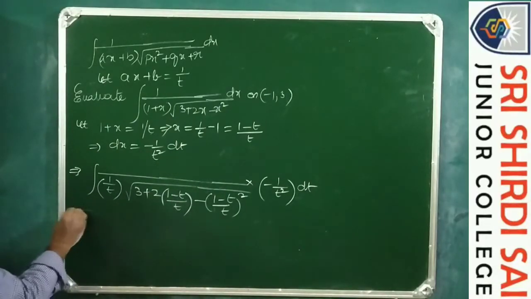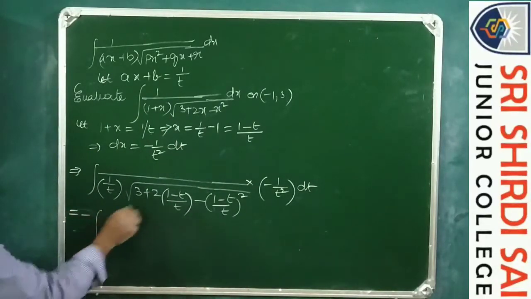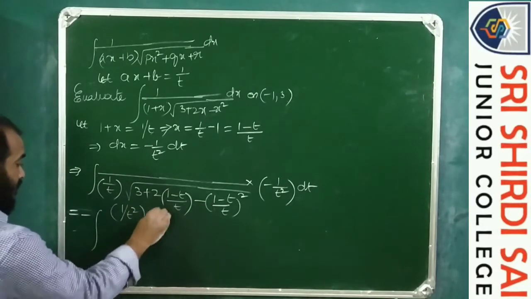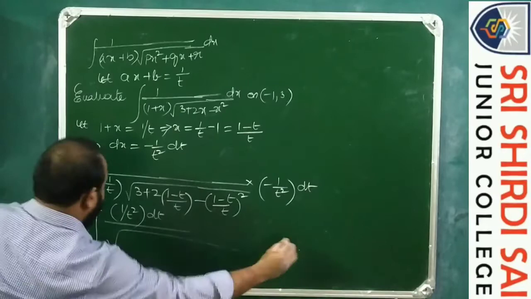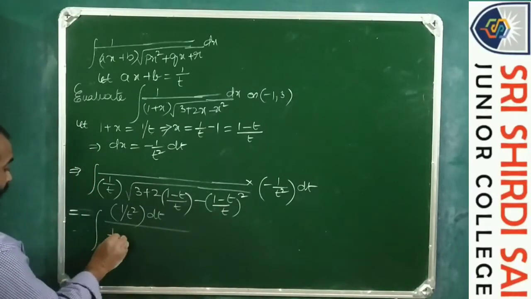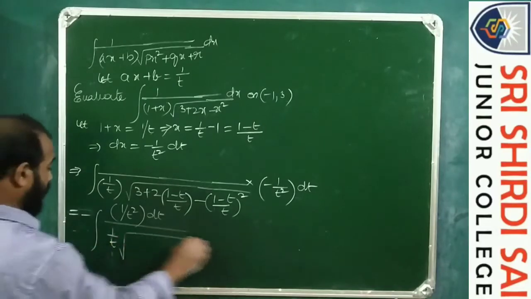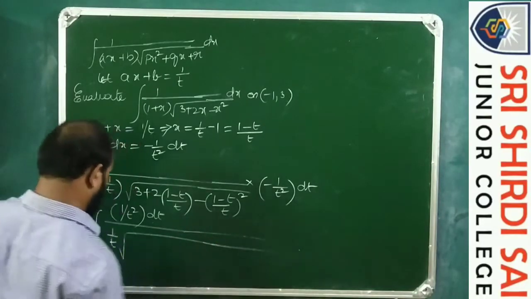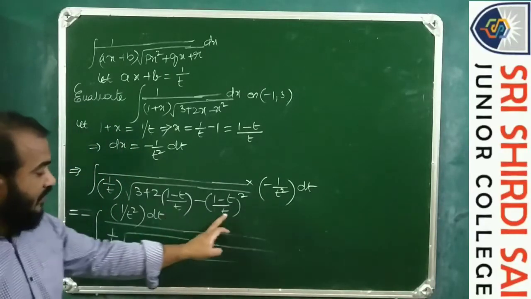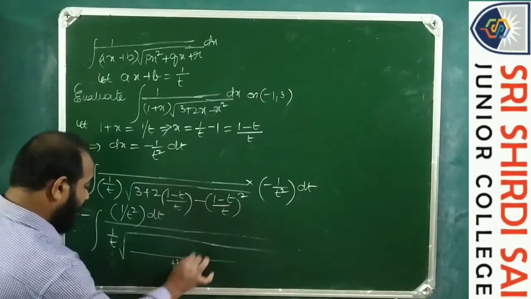This is equal to, I am writing the minus outside, 1 by t square dt by 1 by t into, here this is t and this is t square, so t square is the LCM.